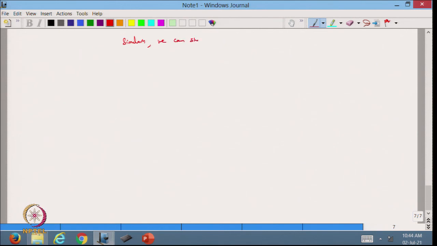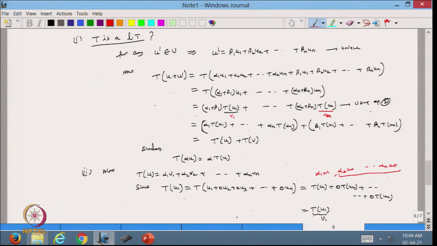We can show that T of u i is equal to v i, and this is true for all i from 1 up to n. The same argument will work there. Similarly, I can define T of u 2. So, T of u 2 will be 0 u 1 plus u 2 plus all the other elements 0, and then from here T u 2 is equal to v 2.